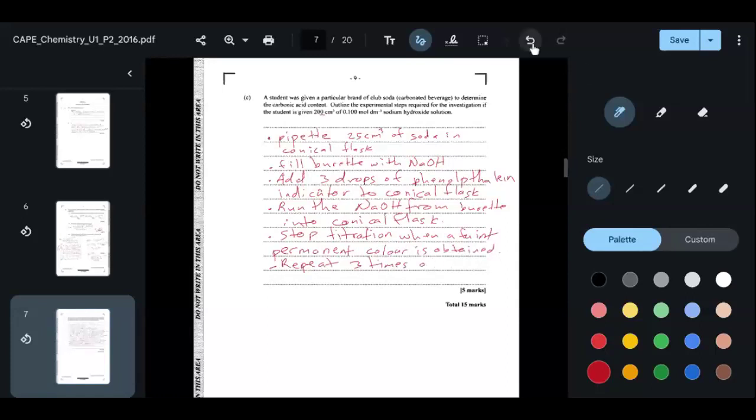Normally you repeat it until the values don't differ by 0.1, but I'm just going to say you repeat the experiment 3 more times.